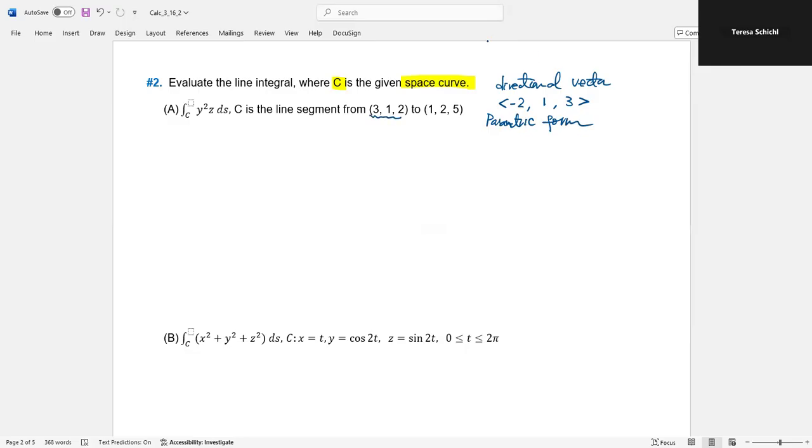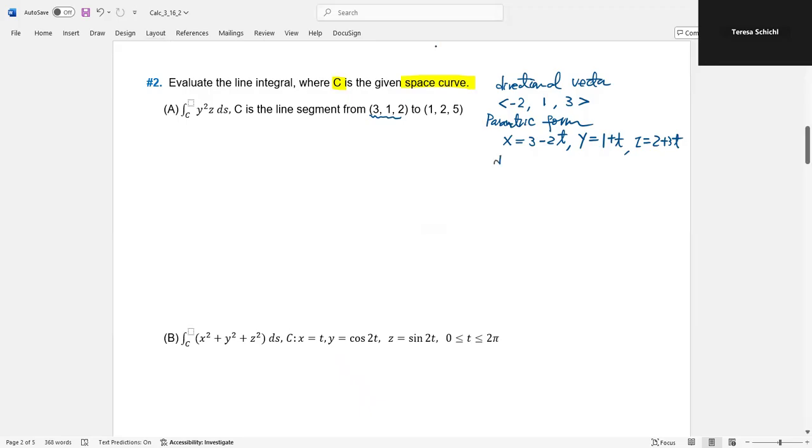So x is equal to 3 minus 2t, y is equal to 1 plus t, and z is equal to 2 plus 3t. After we define the parametric equations, we just plug into our formula.